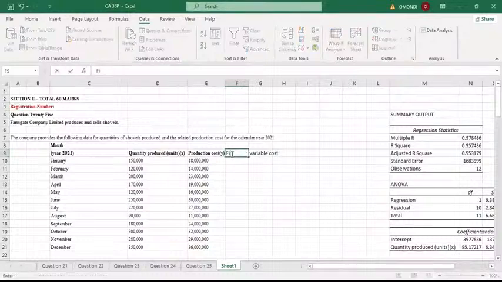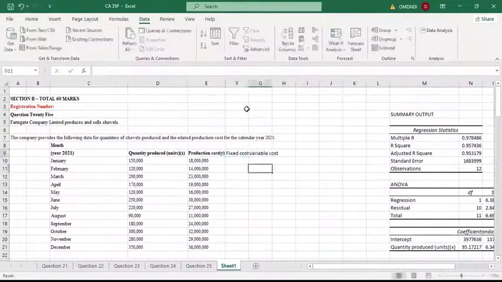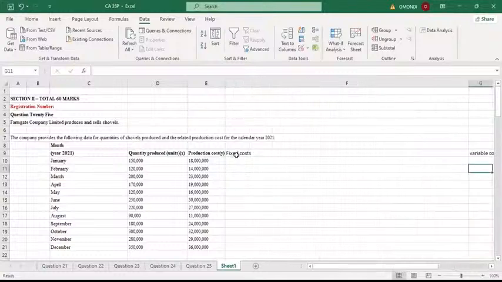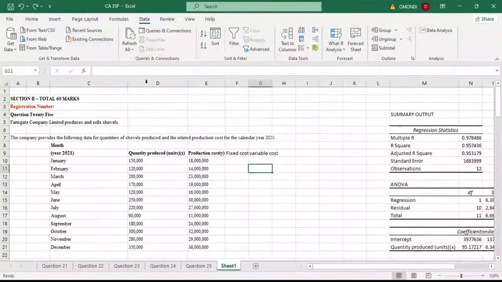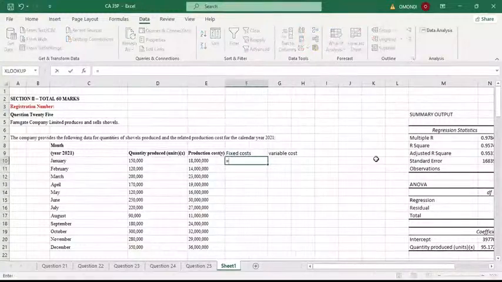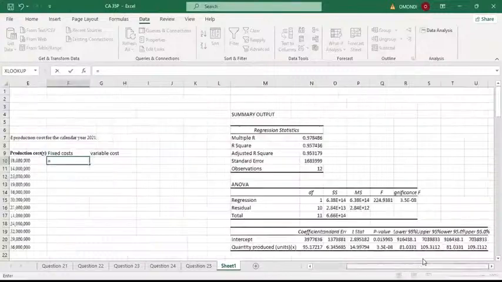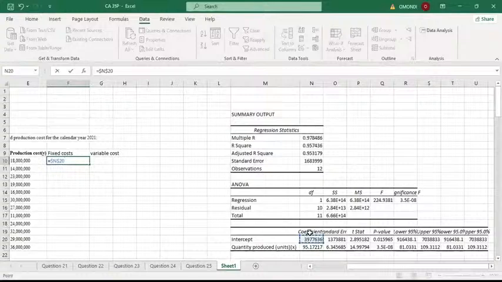So fixed costs. How do I get these fixed costs? The fixed cost is equal to the value which I got here, that is the intercept, and I must fully lock it. How do I get variable?